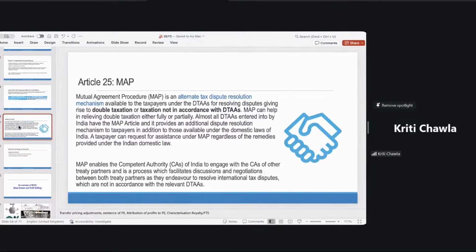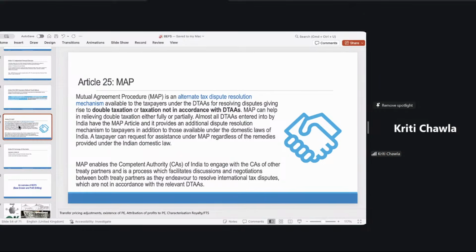Then there is Article 25, which is the mutual agreement procedure. As I mentioned, this is an alternate tax dispute resolution mechanism which is available to taxpayers under the double taxation avoidance agreements, or tax treaties.